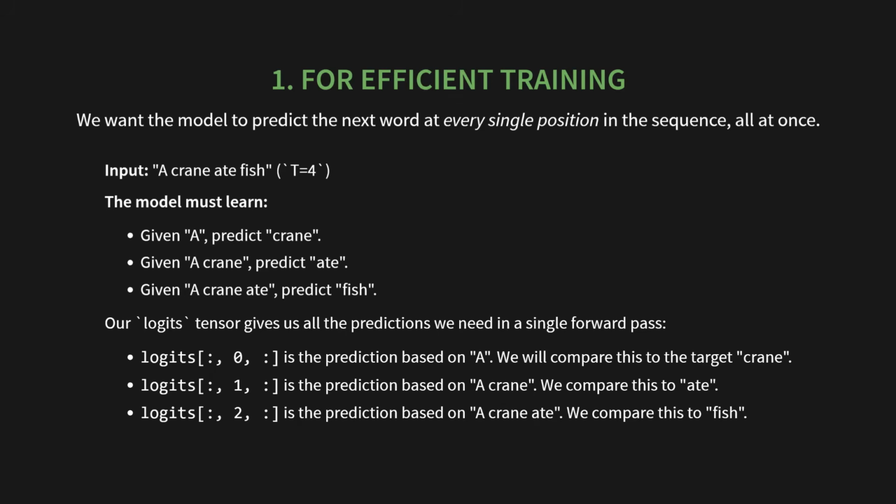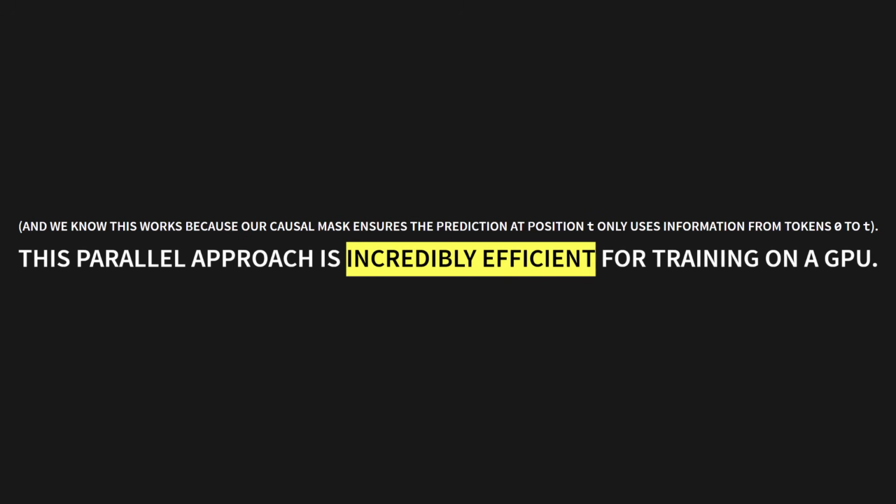Then, logits at index 1 is the prediction based on "a crane". We compare that to "ate". And finally, logits at index 2 is the prediction based on "a crane ate", which we compare to "fish". And of course we know this works because our causal mask ensures the prediction at any position T only uses information from tokens 0 up to T. This parallel approach is incredibly efficient for training on a GPU.